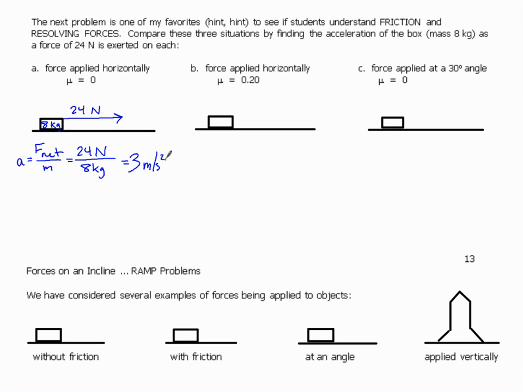Part B, again, we are applying the force horizontally. So here's my 24 newtons on my 8 kilogram box. But this time, we have a coefficient of friction. Remember, the coefficient of friction is really the stickiness factor.